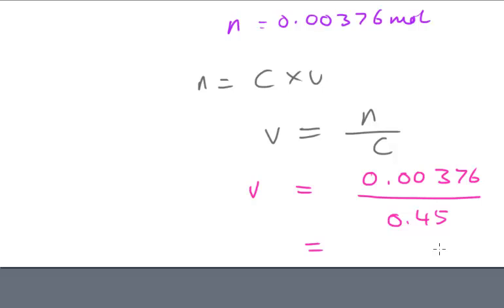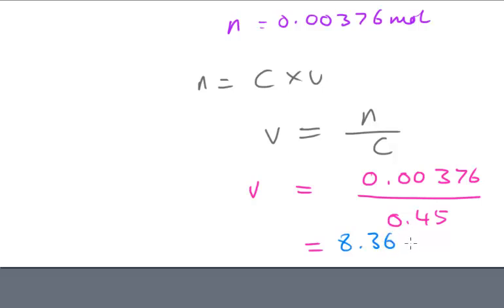This gives us an answer of 8.35 recurring, 8.355555556. Actually, I'll round it up here to 3 significant figures.